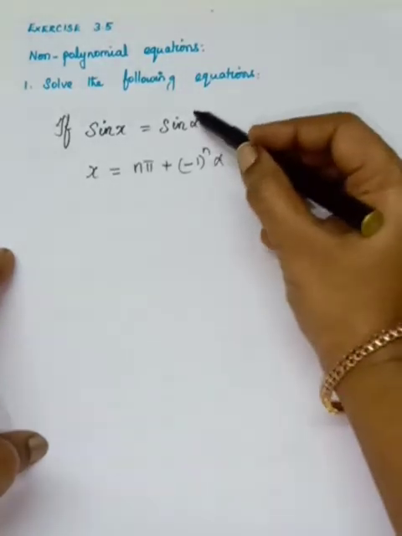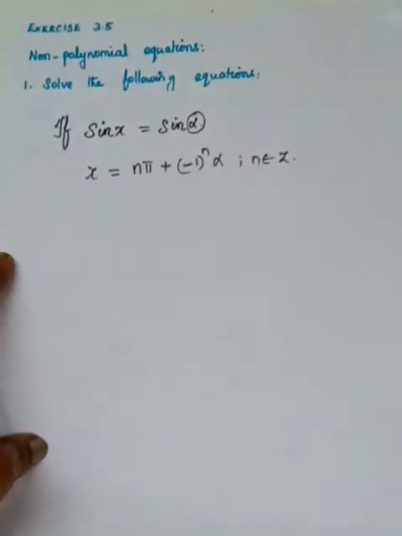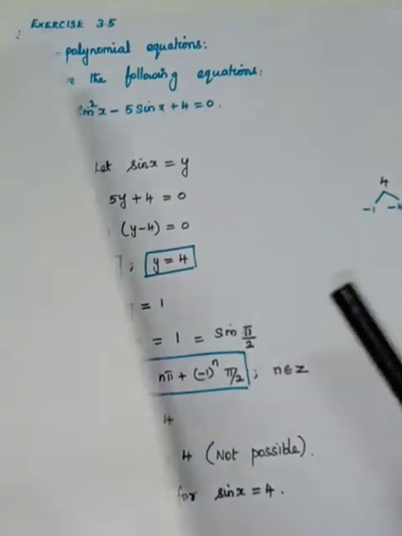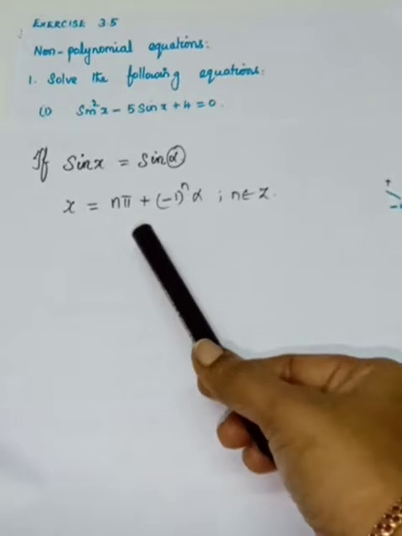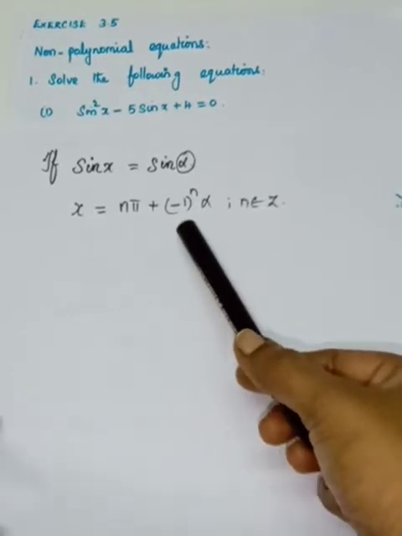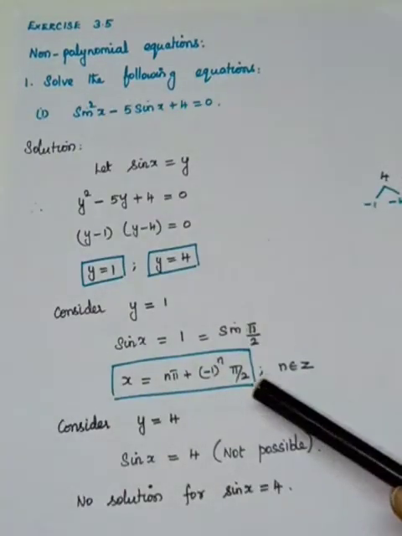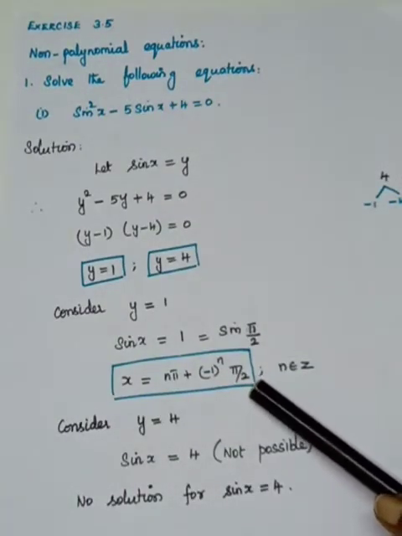So here, in the place of alpha in our problem you will have pi by 2. Therefore the solution is x is equal to n pi plus minus 1 the whole power n into pi by 2, where n belongs to z.